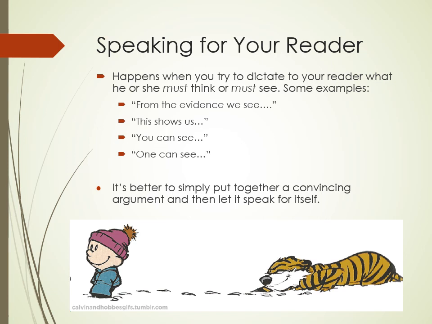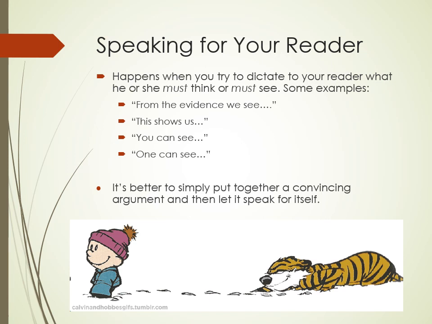And then secondly, it's much more effective to just be convincing. If you're going to talk about the evidence for climate change or the evidence against climate change, instead of standing up in front of them and saying, one can see that climate change is true, or one can see that climate change is false, isn't it much better to simply say the evidence for climate change is X, Y, and Z, or the evidence against climate change is X, Y, and Z?